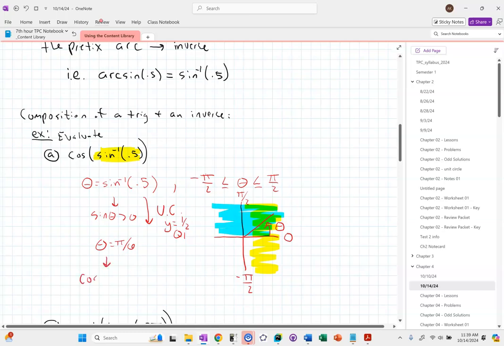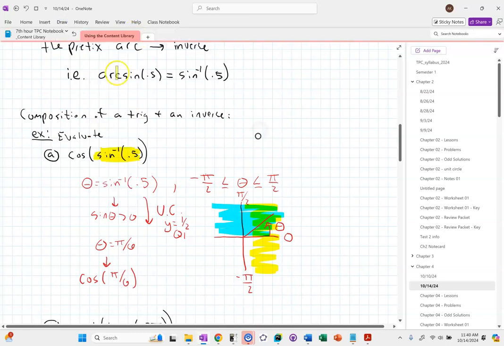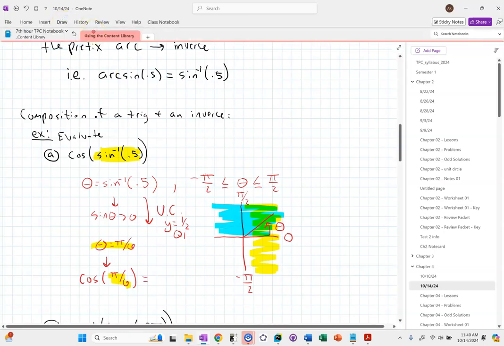So what we are doing now is going to do cosine of pi over 6. Is everybody okay with that? How do I do cosine of pi over 6? I go to my unit circle. I locate the angle pi over 6.